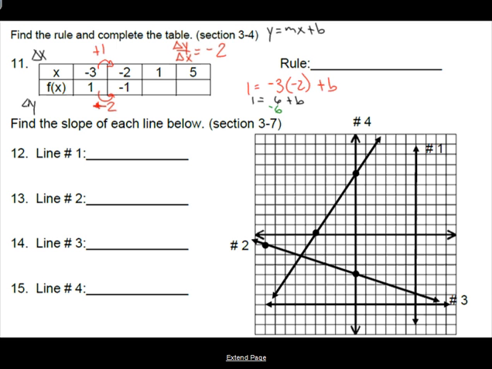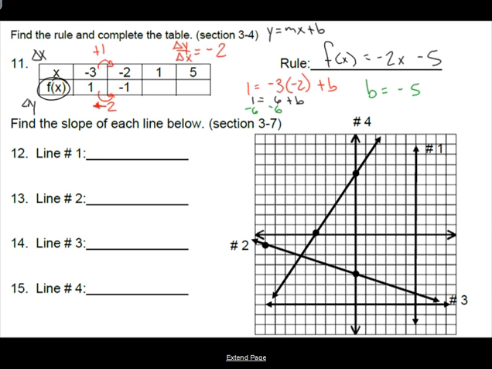We subtract 6. We find out that the b equals -5. So my rule, written using f of x instead of y, since they have f of x right here, is f of x equal to -2x minus 5.